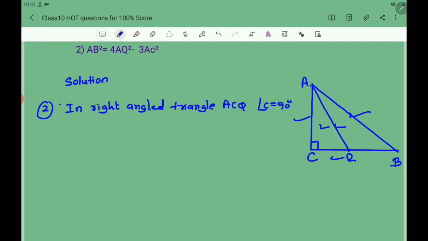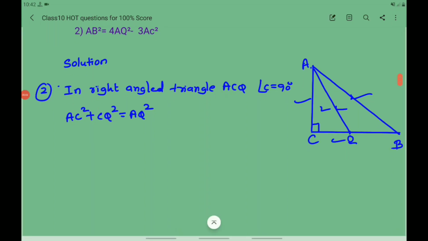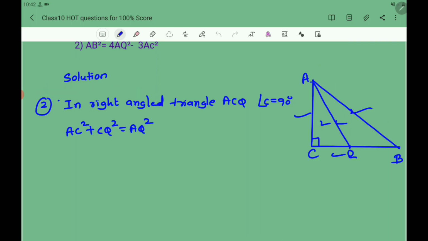Then you write AC square plus CQ square equals AQ square. Then you convert this: CQ square equals AQ square minus AC square.